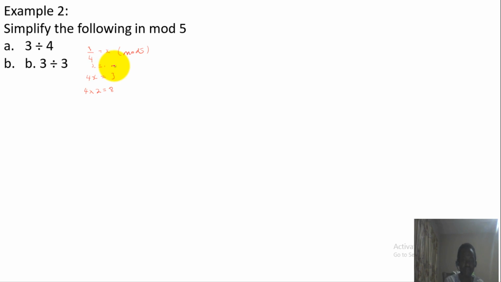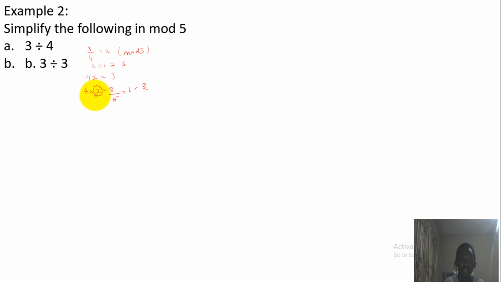8 divided by 5. That will give me what? 1. Then it's returning what? Remainder what? 3. Automatically, I'm looking for what I multiply by that returns 3, and that should be 2. Therefore, the answer for that should not take me too long to get.